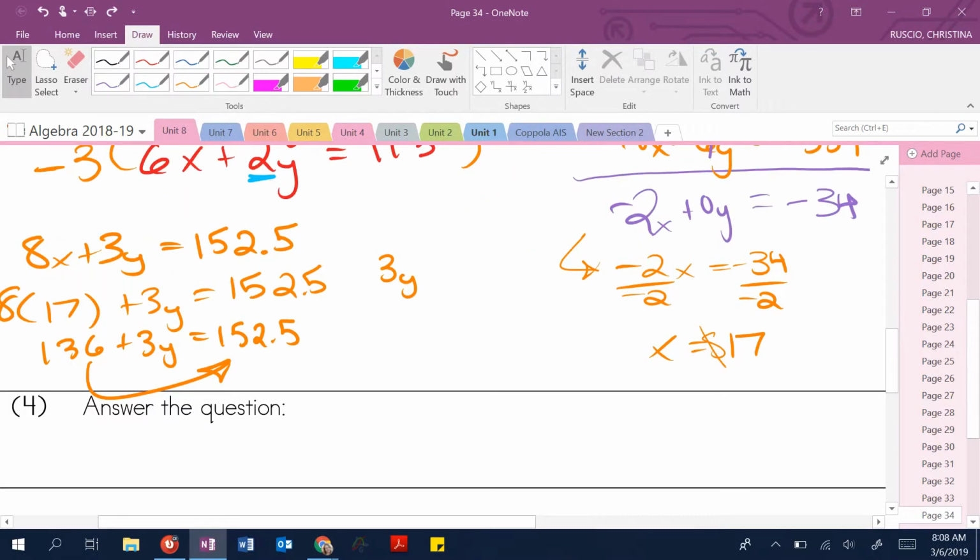So I'm going to subtract that 136 from each side, and I'm going to get 3y equal to 16.5. Now to find y, I'm just going to divide by 3 on each side. And I'll get y is equal to 5.5.